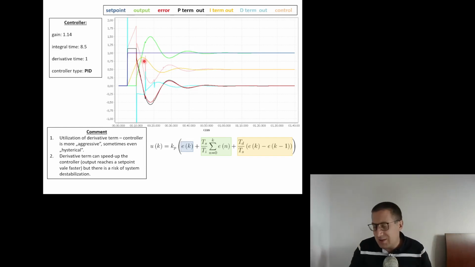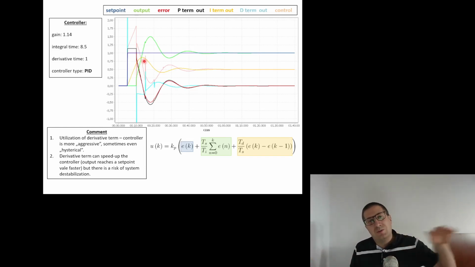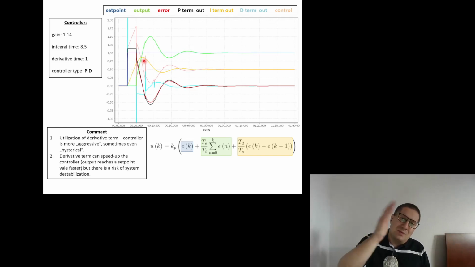The accuracy is not so important. Maybe if I'm falling on the right side, maybe as a robot I should move my left hand here in order to stabilize my position. I don't have to be exactly in the vertical position, right? But I have to act fast. Then this D term is very, very important. But usually it's not the case in case of plants.